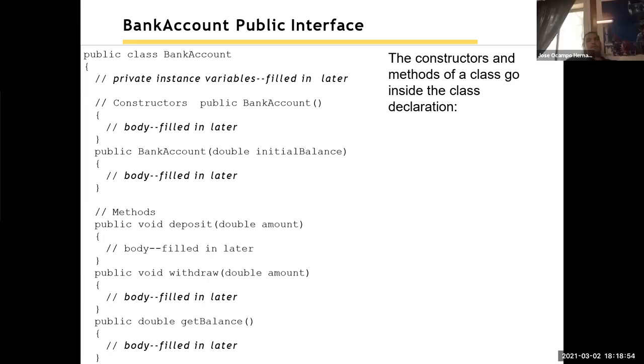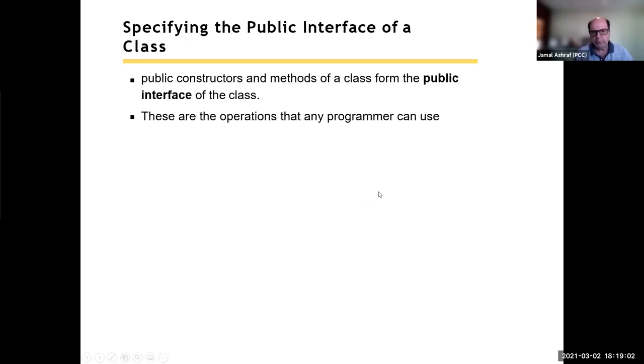Okay, so right now we're going to say these are the methods that we want to do, the constructors and my regular methods. So before you do anything, we're going to identify the public interface of our classes.